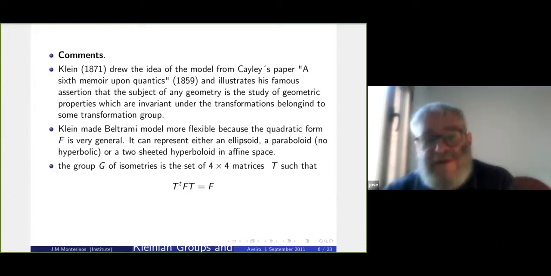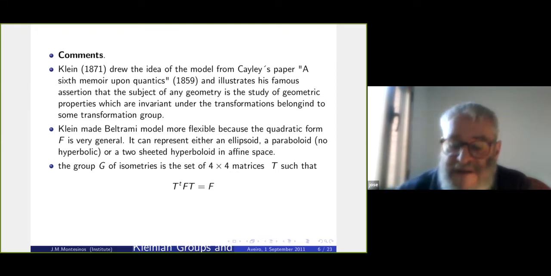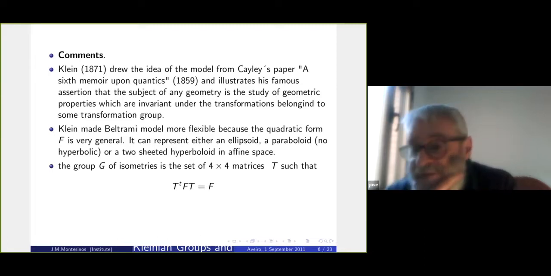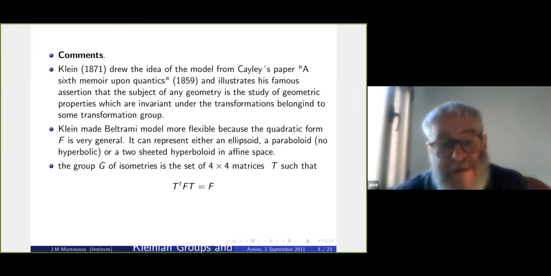So the group of isometries in this case is the set of 4x4 real matrices T such that T transpose F T equals F. So in fact, the transformations that fix the quadratic form, so leave invariant the hyperboloid or the quadric, say.